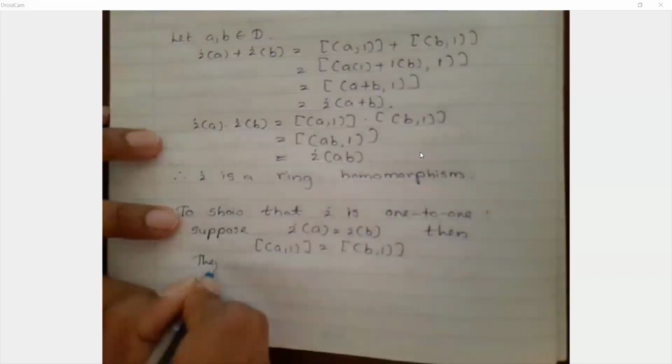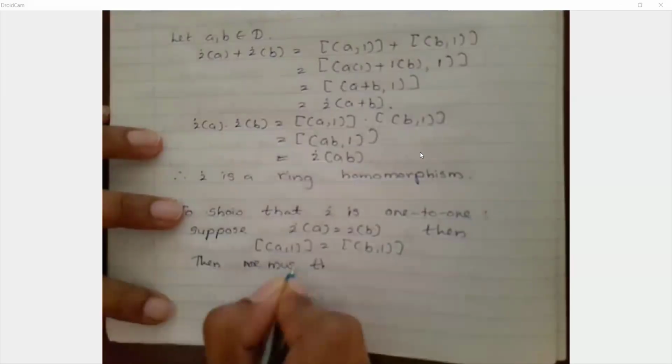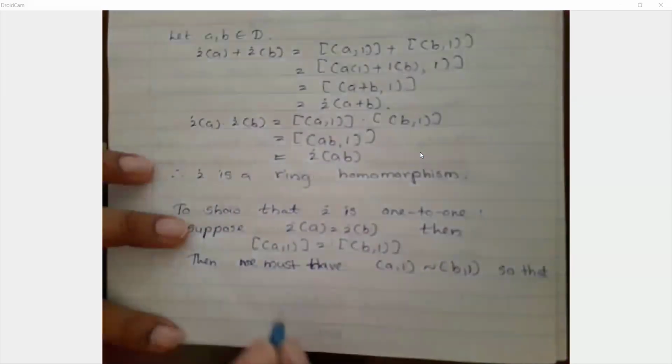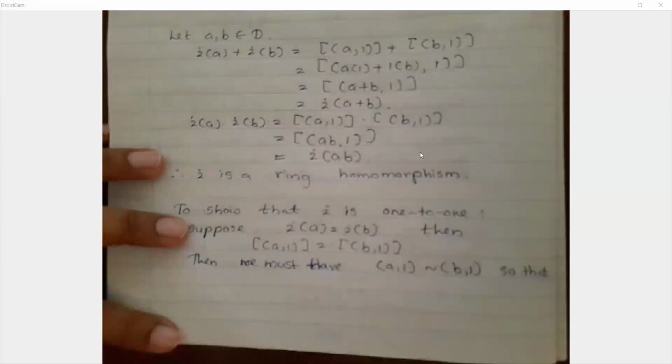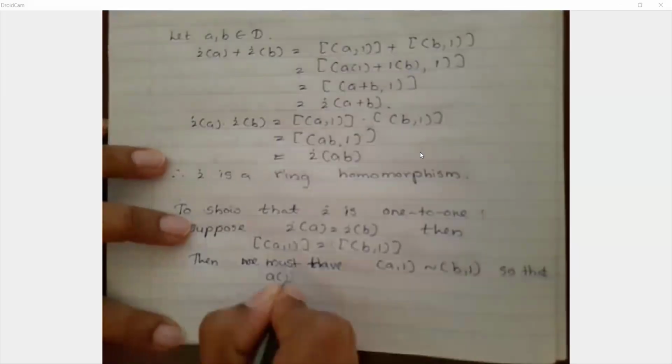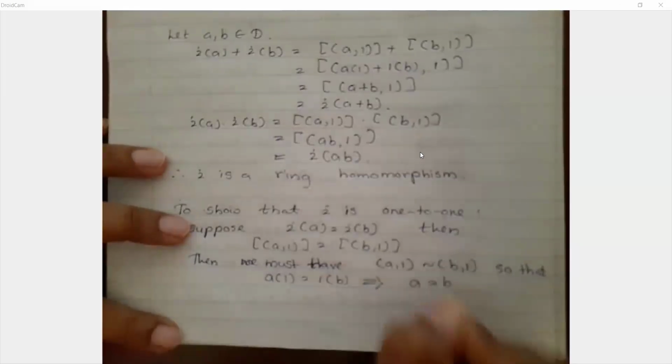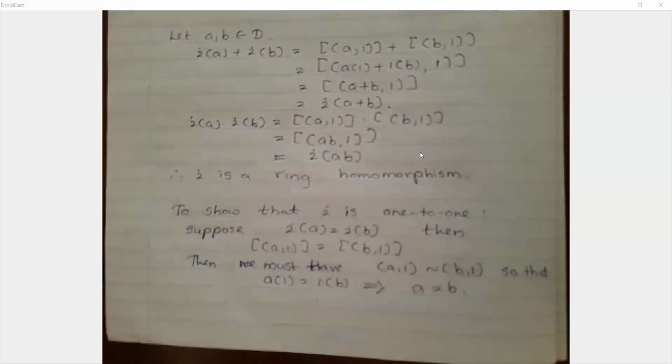Then we must have A1 equivalent to B1, so that by definition of this tilde, we must have A times 1 equal to 1 times B. That means A equals B. Exactly what we wanted to show.